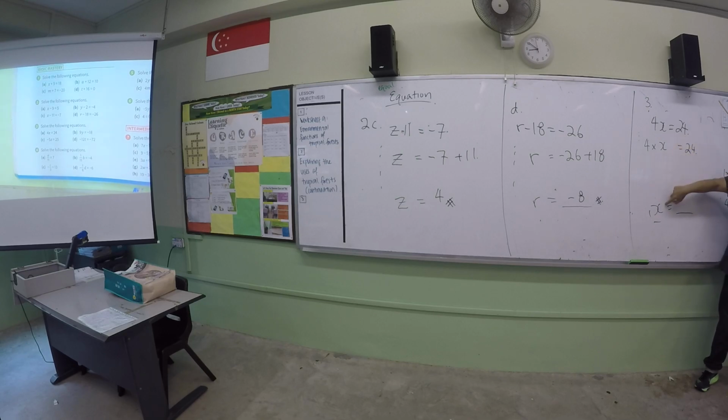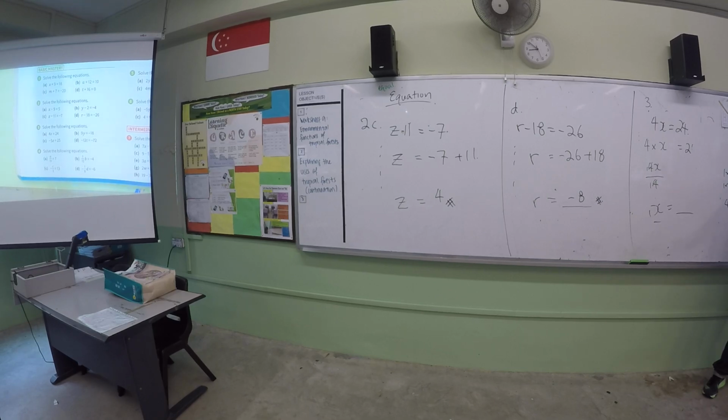How can I change 4x to 1x? 4 minus? 4 minus x is 4 minus 4x. You only need to divide by 4. If I divide 4x by 4, I will have 1x.